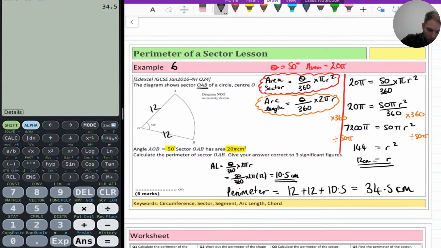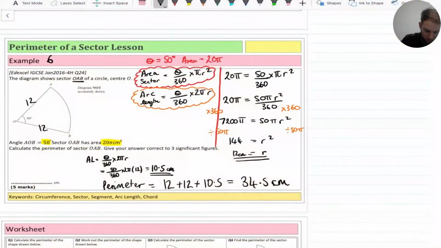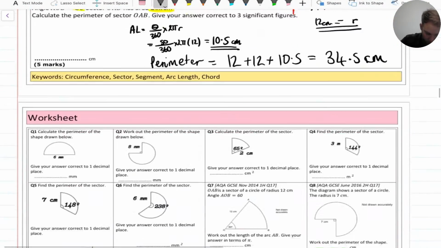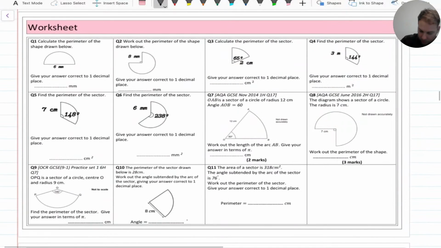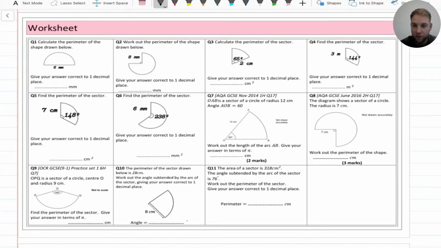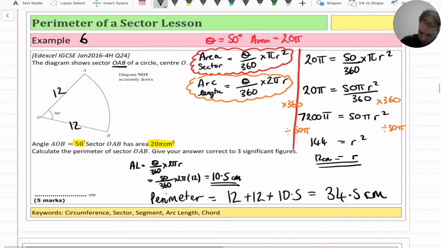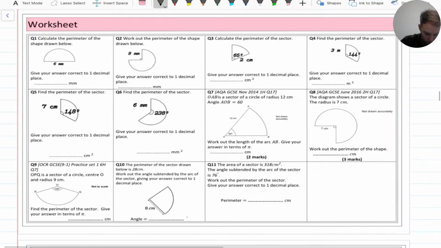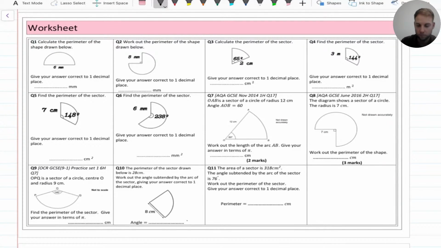Okay, so if you are catching up at home with this, then here's some questions for you to have a go at. So have a little go at those questions if you're catching up. So pause and have a go at that one. So pause and have a little go at that one.